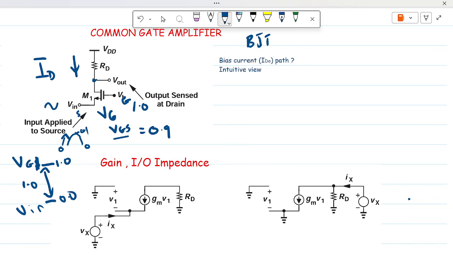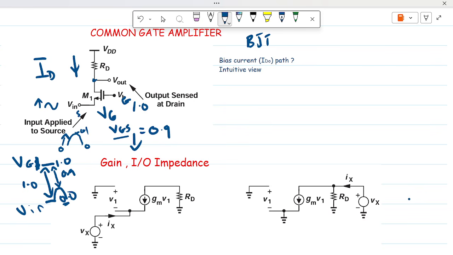Now when the source voltage is raised by the signal, the VGS will be reduced to 0.9, depending on the value of the input voltage that went into the source. So clearly we see that an increase in the input signal would mean the VGS would reduce.